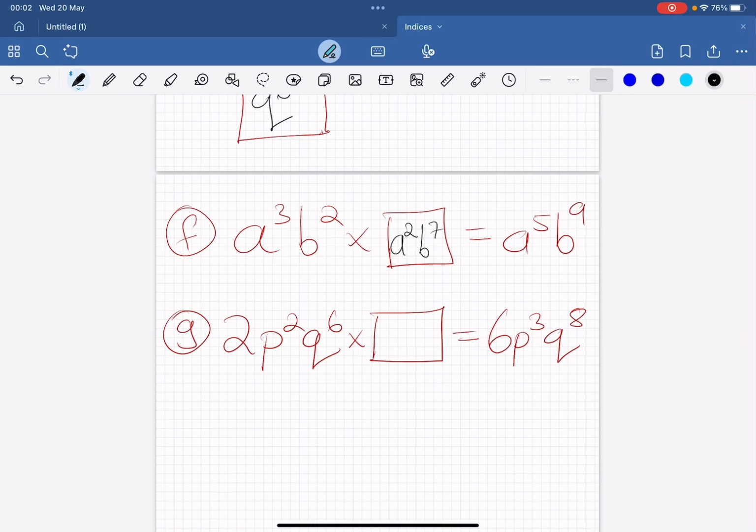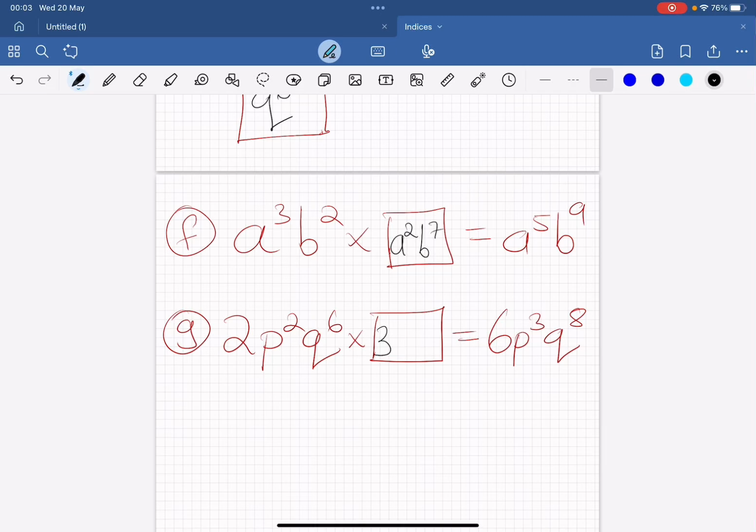Next, the question says 2p squared q to the power 6 times something is equals to 6p to the power 3 q to the power 8. When it's like this, I'm obviously going to first observe the 2 and the 6. Obviously, this has to be a 3 because 2 times 3 is 6. So I'm simply going to write 3.